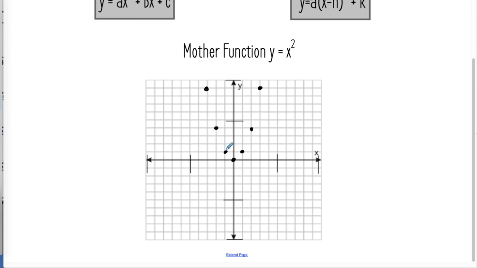Now, I don't know if anybody ever told you this, but there's an easy way to graph a parabola. It's called its steps. So if I were to connect the dots of Mama, how we got that was, starting at the vertex, we go over one spot and we go up 1 times the stretch.